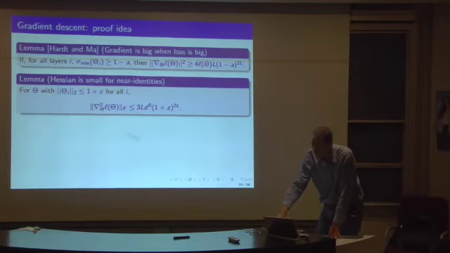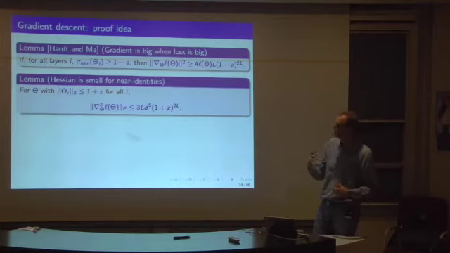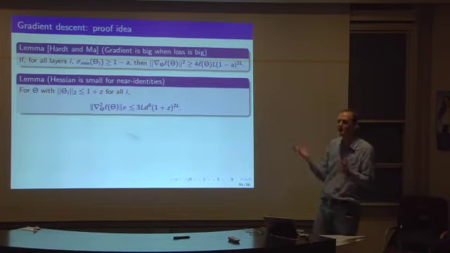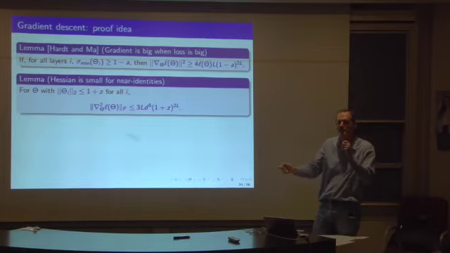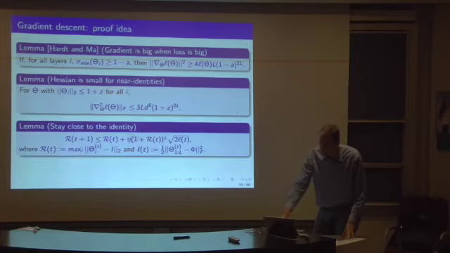So that's good. We can also show that if we're close to the identity in the sense of having our largest singular value not too big, then the Hessian isn't too big. These two things together tell us that gradient descent is going to make lots of good progress. We have a decent downhill direction, and it doesn't change into an uphill direction too rapidly. So we make good progress with gradient descent.